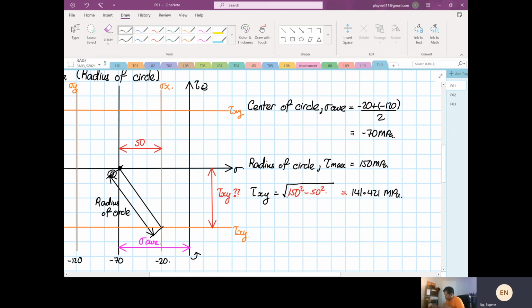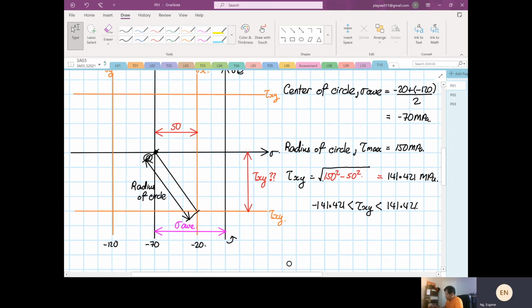So that's the maximum shear. Your shear value has to be in the range of plus or minus 141.421.